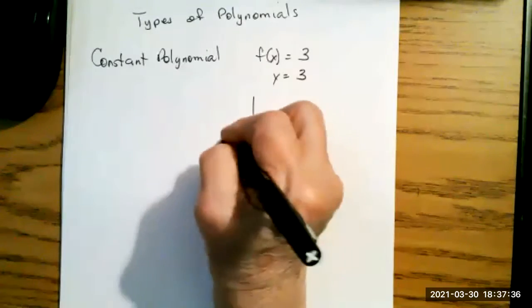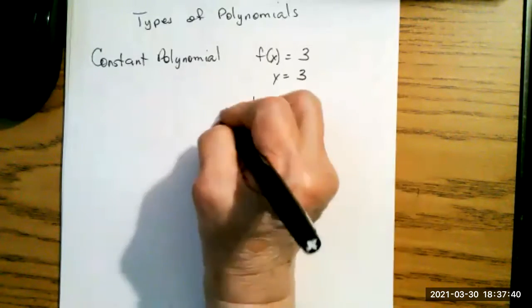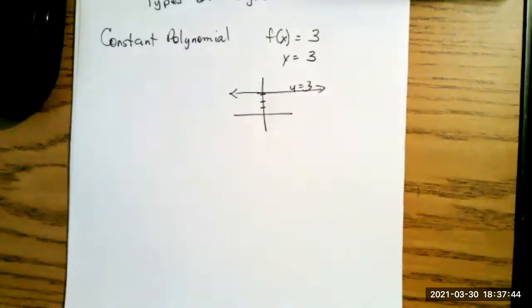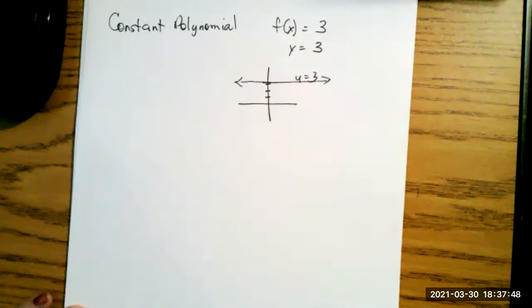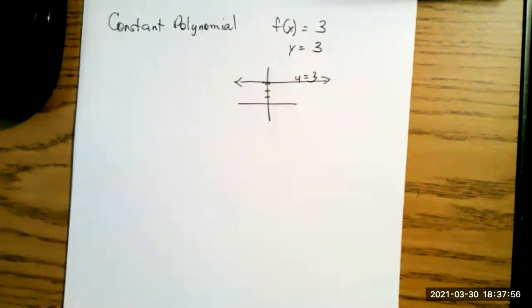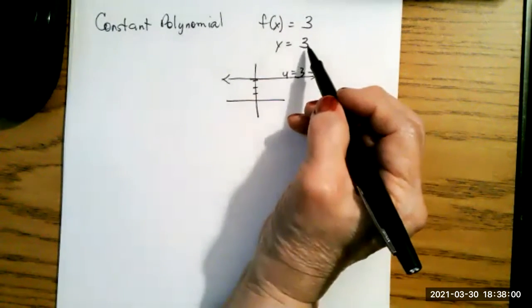That's going to be a line where y is equal to 3. That's what that looks like. It goes straight across, doesn't go up, doesn't go down. Remember when we were doing intervals, how we had constant intervals? That's because that was straight across. So there's such a thing as a constant polynomial, which means it's just equal to a number.